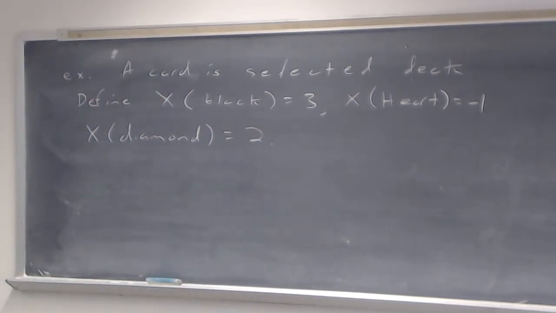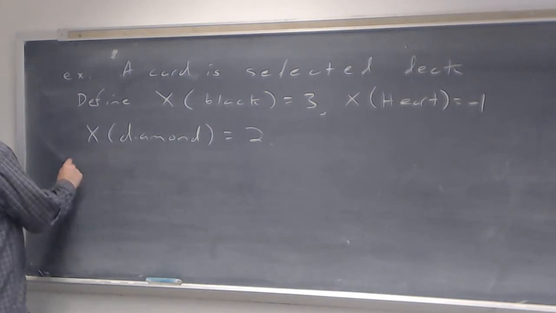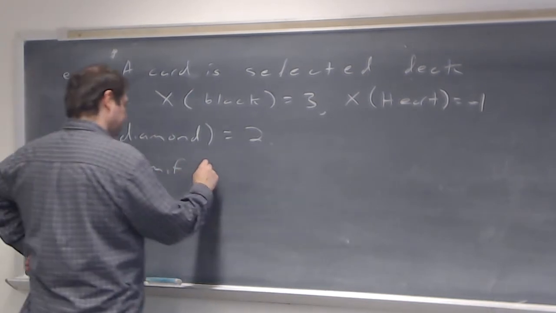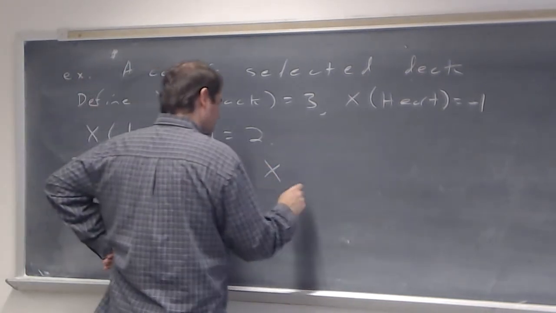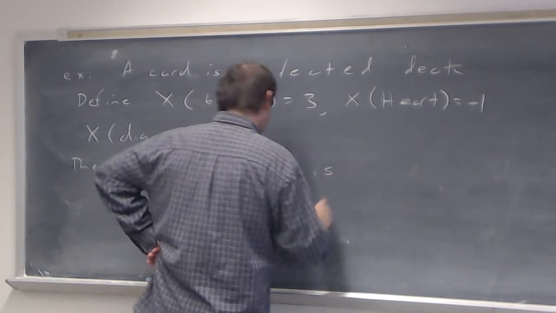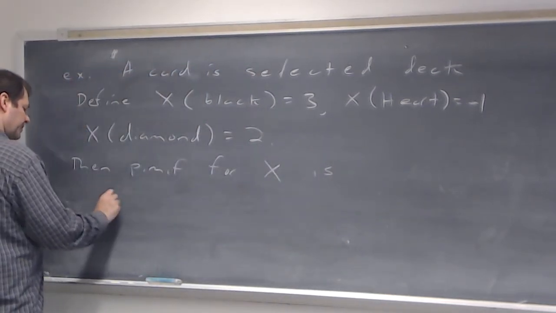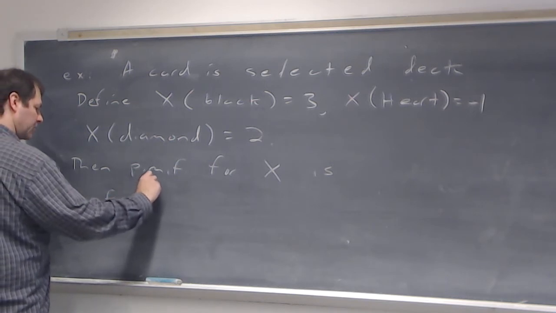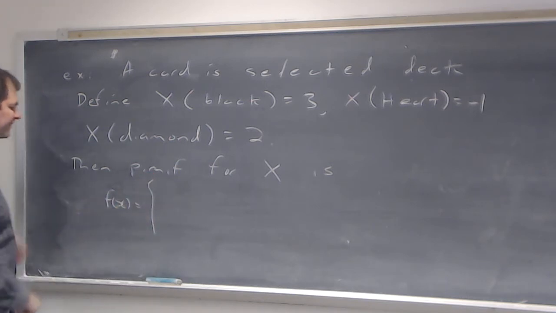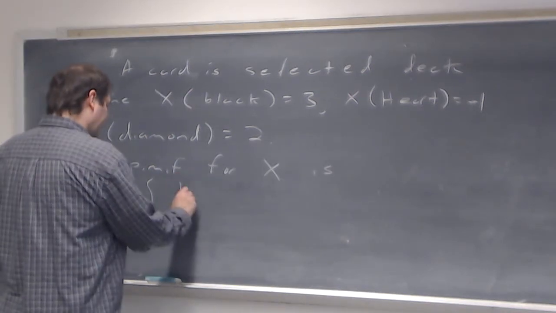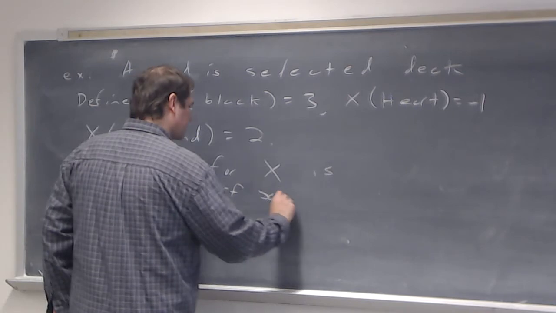So here's what we're thinking. Then the PMF for X is, here's the way I define it, a piecewise defined function. F of x is defined to be the probability that big X is equal to that little x. Here I'm going to say that it's 1/2 if x is equal to 3.